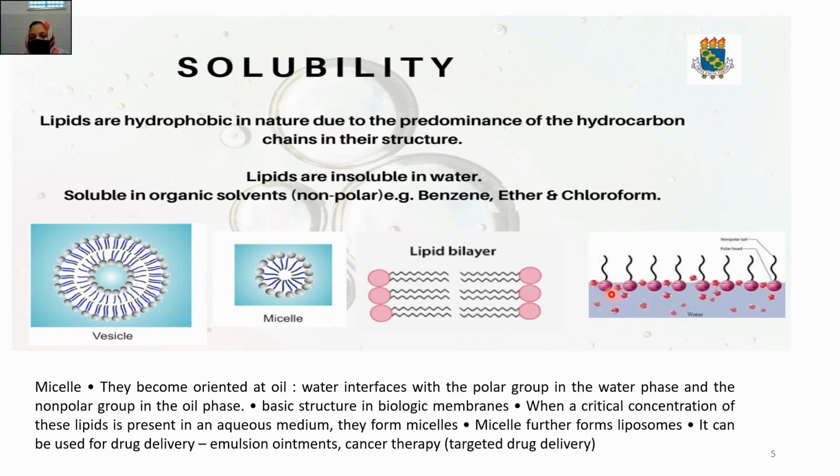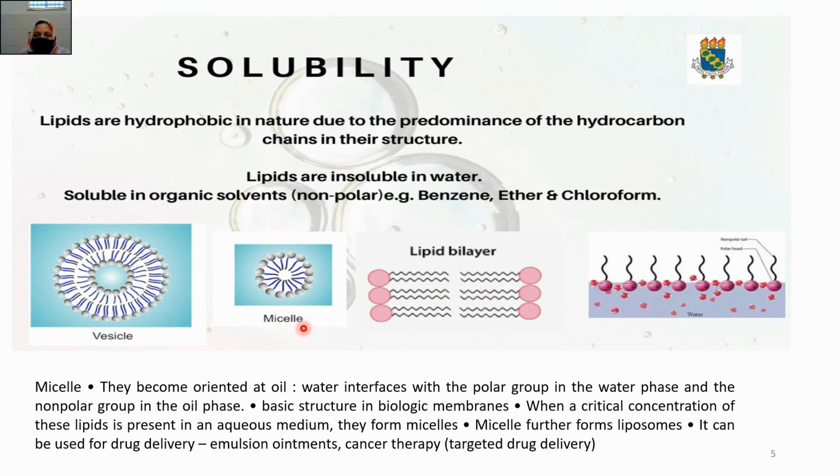Here the hydrophobic head and the tail are arranged in a single layer, or they can achieve a lipid bilayer structure where they are arranged in the form of a double layer, or they can gain this structure which is called a micelle, and the micelle is an aggregation of molecules in a colloidal solution.